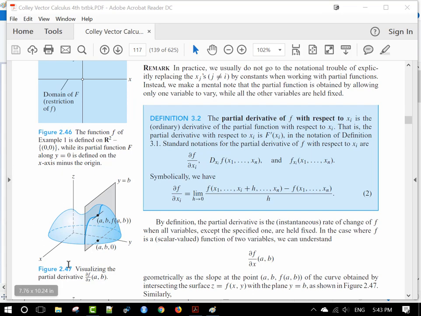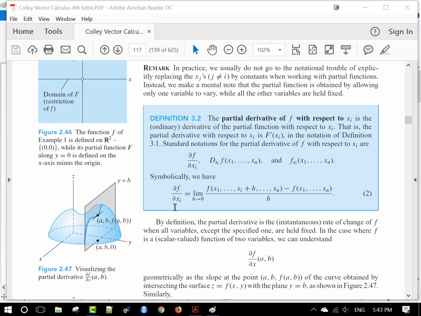So this is the case where we have two input variables. Now, of course, if we have more than two input variables, we can't make a picture of it, but we can still do the same thing. We just hold everything else constant except for one of the variables, and that's what we mean by the derivative with respect to that variable.